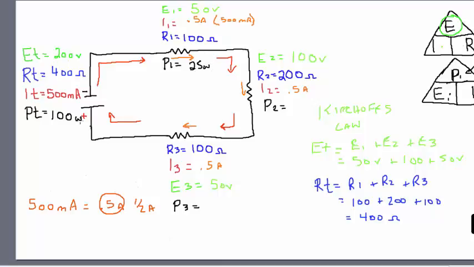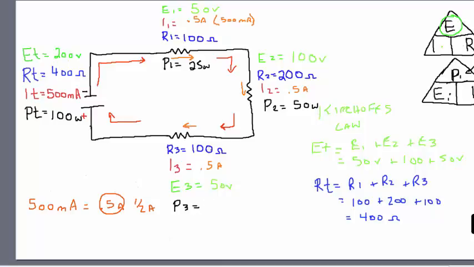Keep in mind that we have 100 watts total, so when we're doing this, we have to check that the individual power dissipations at the resistors must equal my total power. So let's just keep that in mind here. So let's do the next one. My power at 2 is equal to my voltage at 2 times my amperage at 2. My voltage at 2 is 100. My amperage at 2 is 0.5. So 100 times 0.5 means I must have a total 50 watt dissipation at that resistor there.